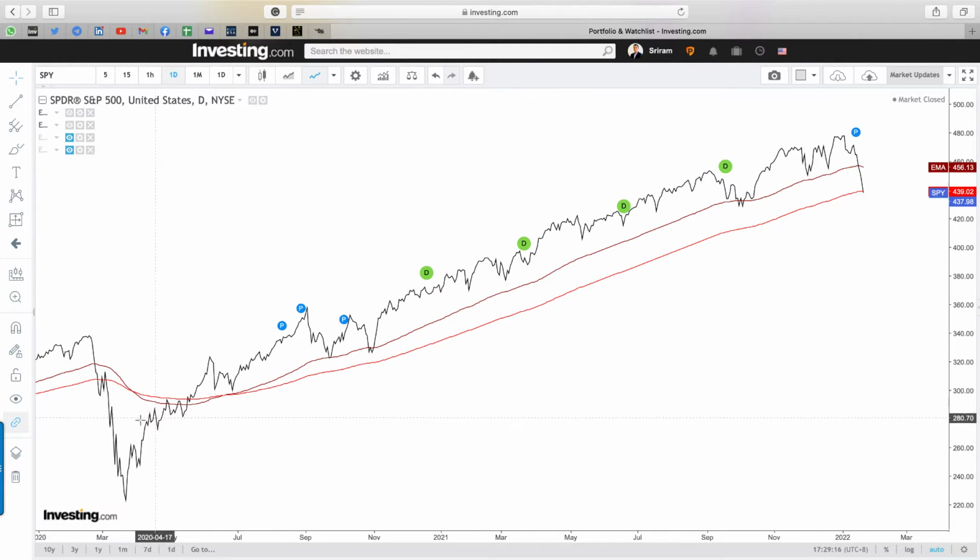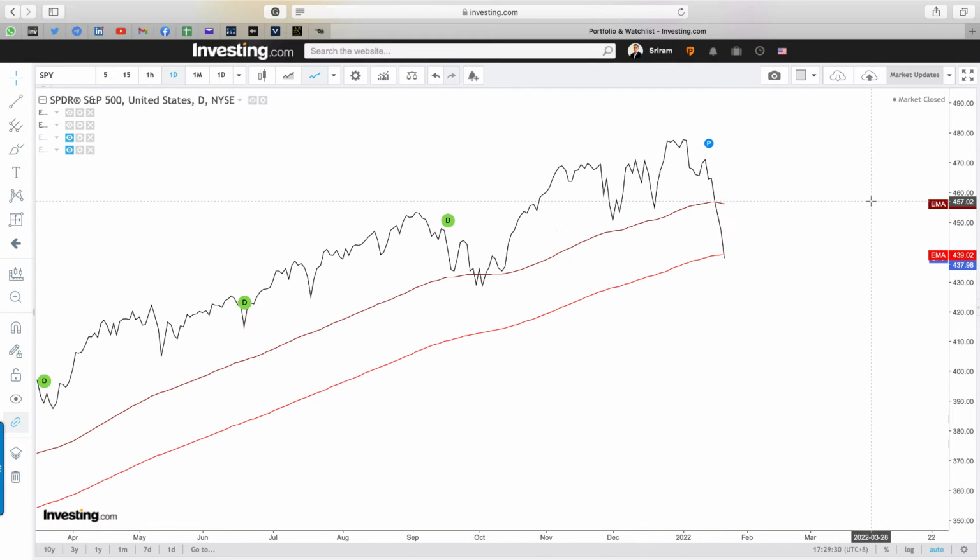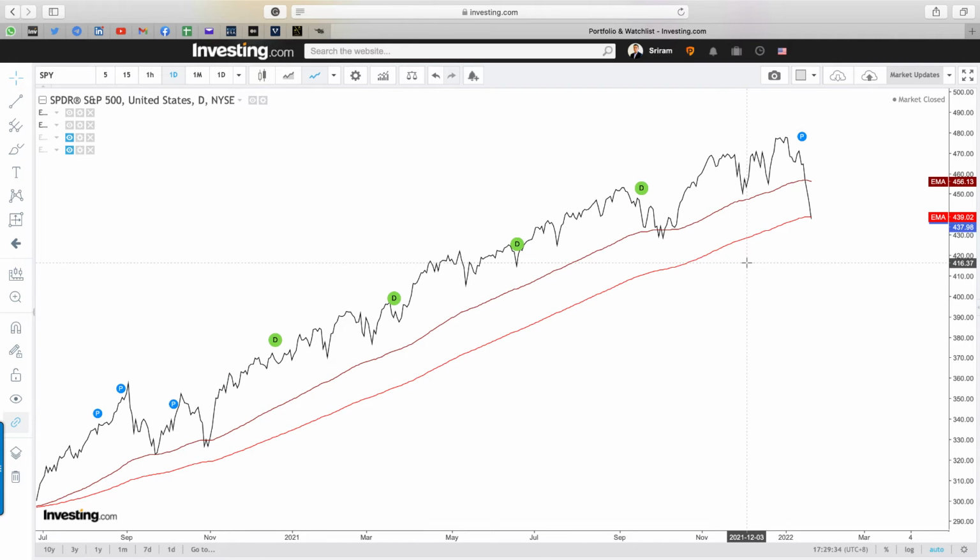In fact, after the 2020 March market crash, this is the first time SPY, or the S&P 500, touches or tests the 200-day moving average.